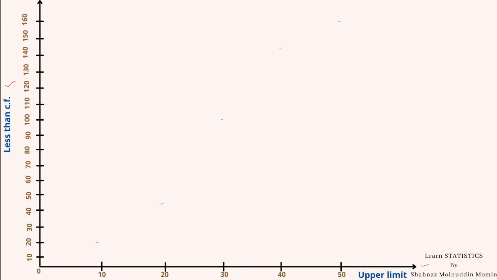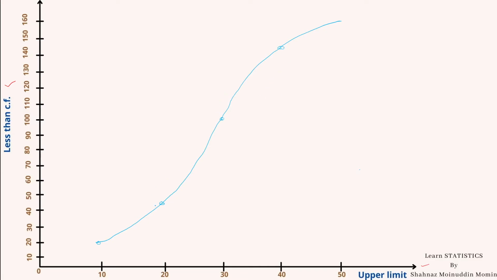These are the points for upper limits 10, 20, 30, 40 and 50. Then we join these points by a smooth curve. Now let us join them with the smooth curve. After joining these points with the smooth curve, the curve looks like an S shape. Here are our points.